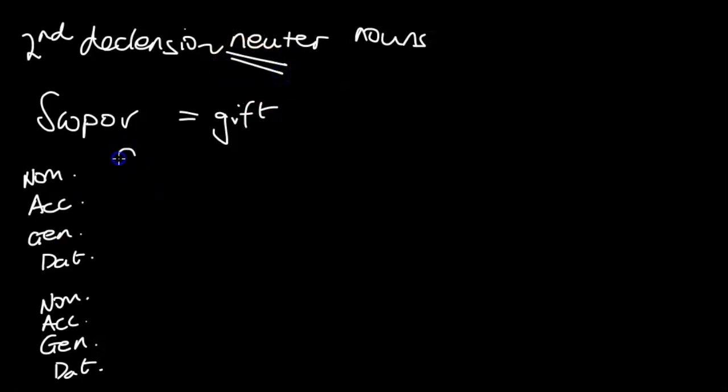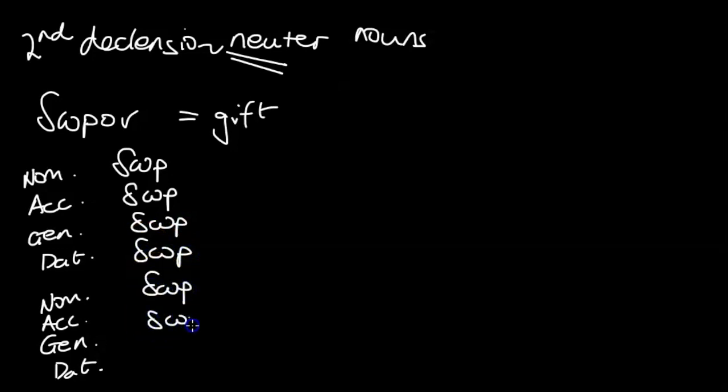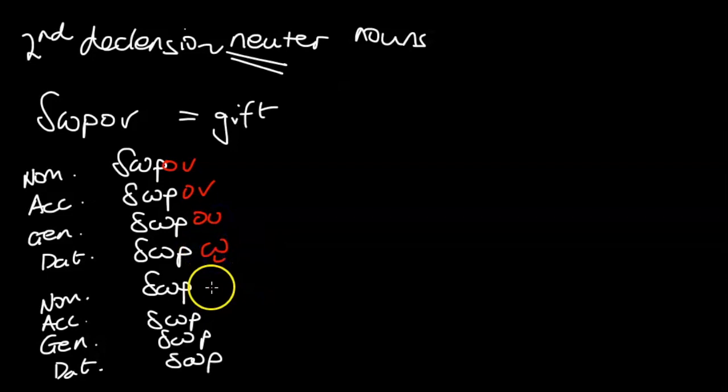And it goes, let me write out as usual the stem, dōr, singular, dōr. And the endings go like this: on, ou, ō, on, ōn, ois.